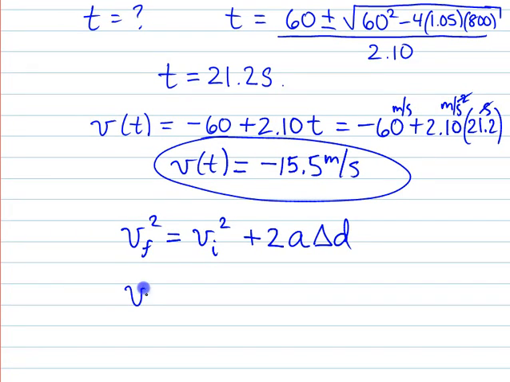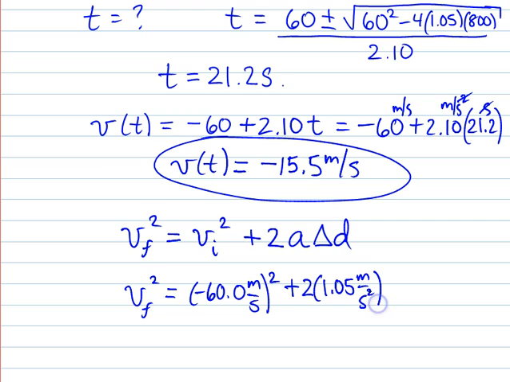V initial is going to be negative 60 meters per second, and we square that. Now we have to be careful because we want to make sure that we are consistent about our directions. And it looks like what we have here is a positive acceleration of 1.05, and then the distance will be negative 800 meters.